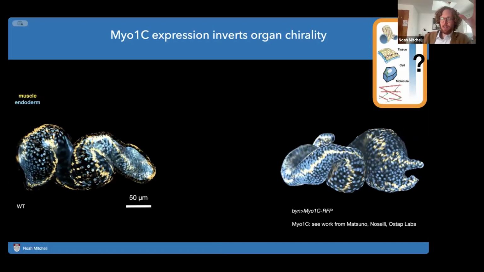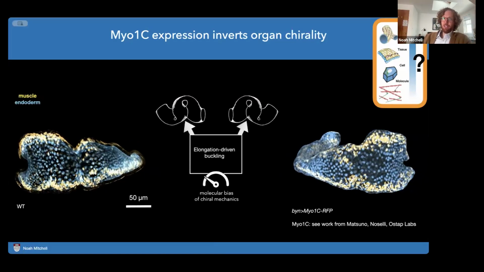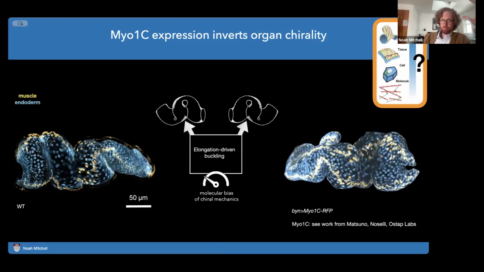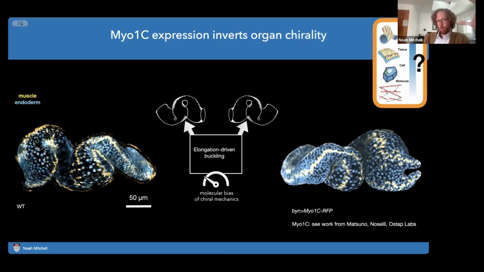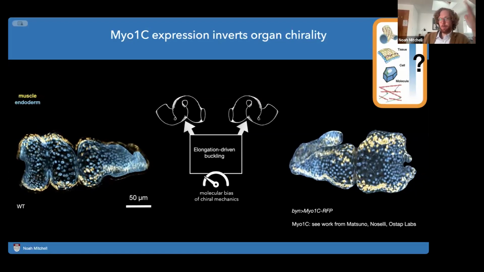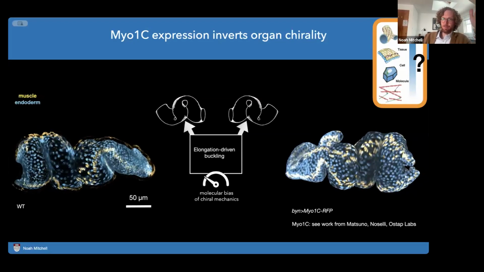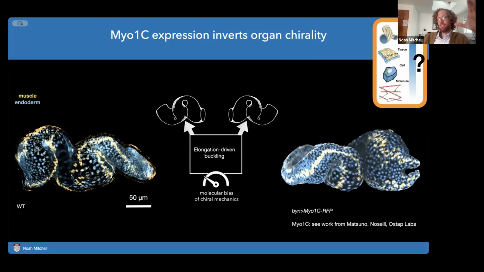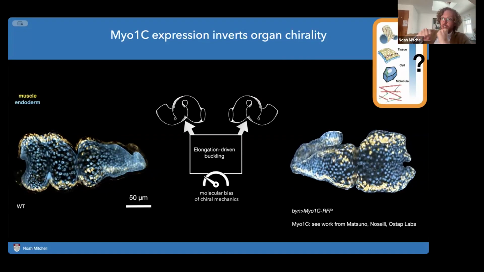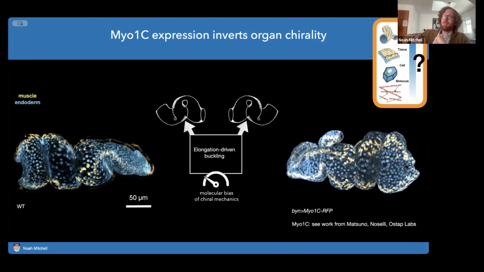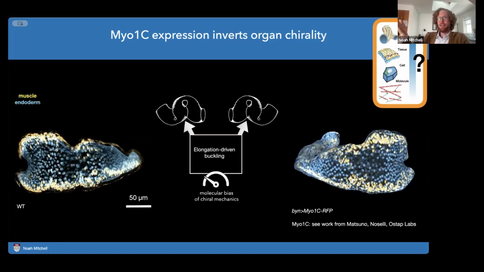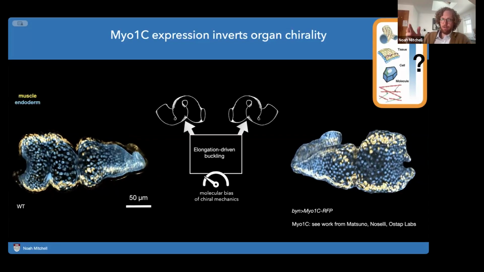I'll try to convince you that this organ's coiling proceeds via a sort of two-step modular structure. There's a control at the level of a molecular bias that I'll outline briefly. And then there are convergent extension-driven deformations of the tube that amplify this initial bias and canalize it into a stereotyped right or left-handed coil.